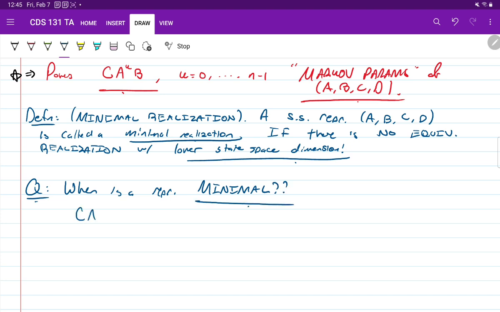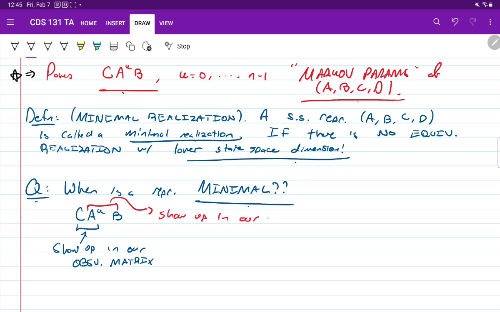Well, let's take a look at the terms C A to the k times B, right? So these show up in our observability matrix, right? Now, on the other hand, these terms A to the k B, these show up in our controllability matrix.